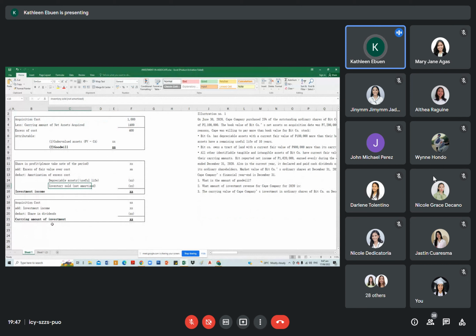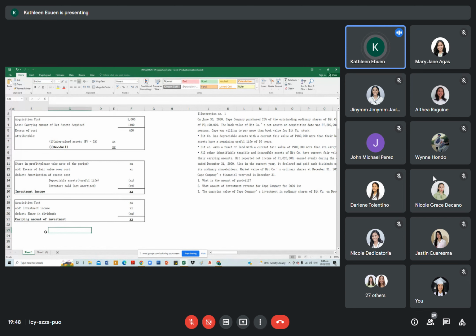Tapos, class, pag tinanong naman si carrying amount of investment, so, hanapin nyo yung acquisition cost, magkano ba siya binili. I-add nyo yung investment income kasi nakaka-increase po ito sa carrying amount ng investment. And then, i-deduct po natin si share dividends. No? So, magkaiba po ang accounting treatment natin kapag financial assets at fair value.